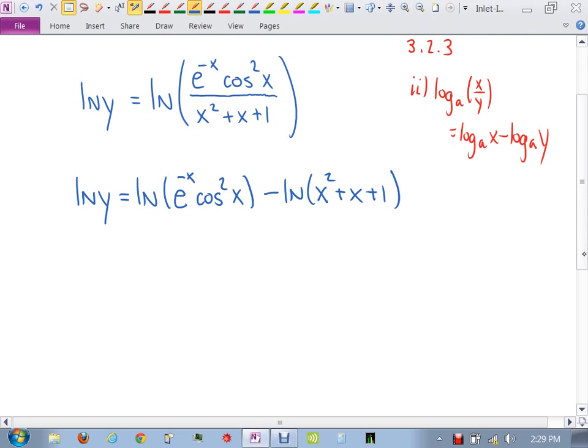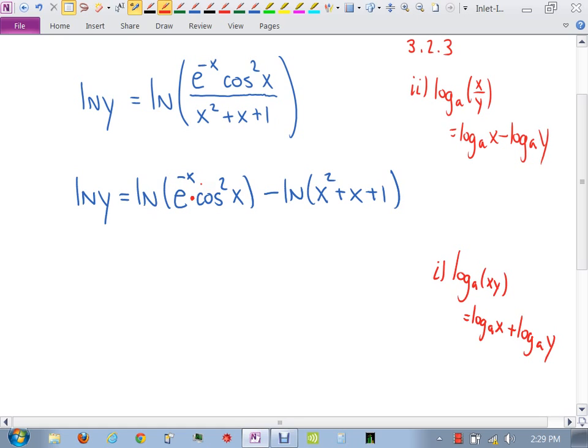Any questions there? Now in my notes there's another property that says that log base A of x times y is log base A of x what? Plus log base A of y. So do you see in this first natural log with the e to the negative x, do y'all see multiplication between the e to the negative x and the cosine squared?